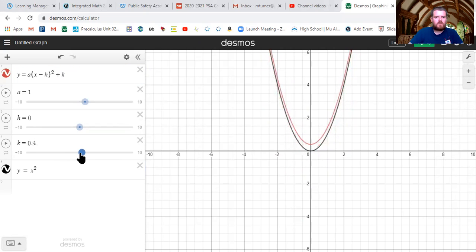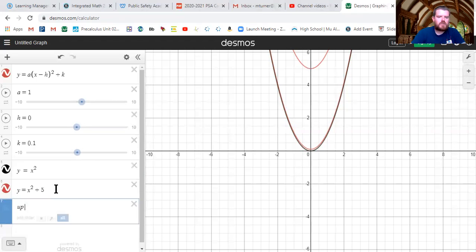Some questions might ask you to describe a function that's been shifted from x squared to, let's say, x squared plus 5. If that was my question for you, you'd just say up 5.